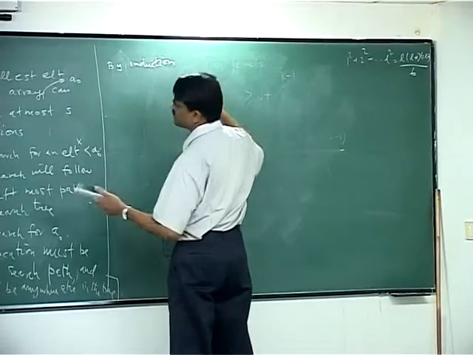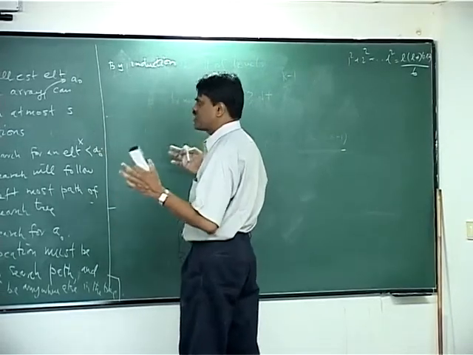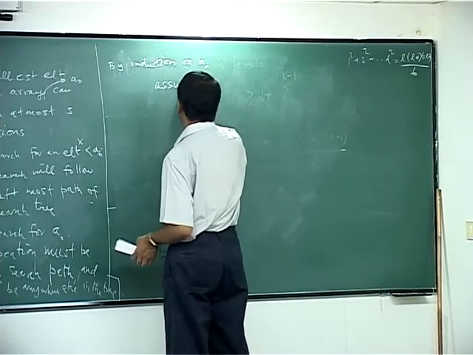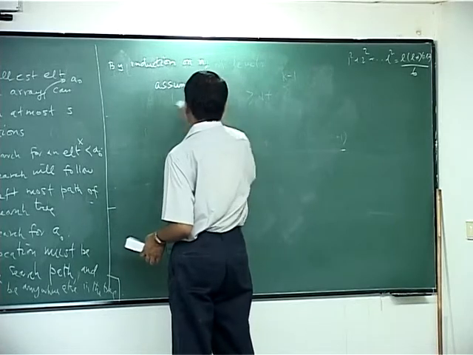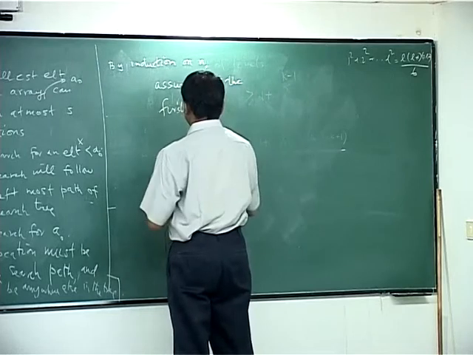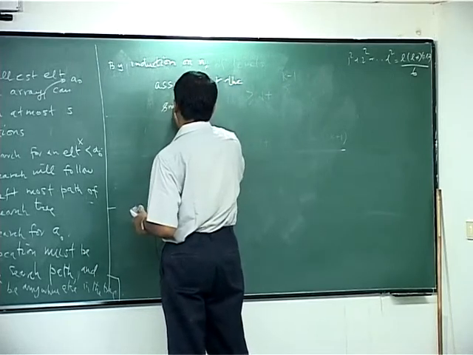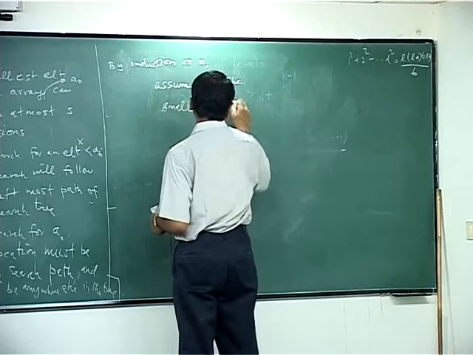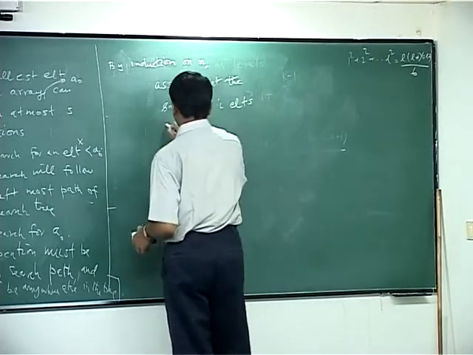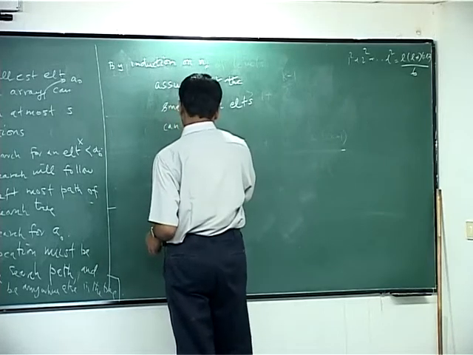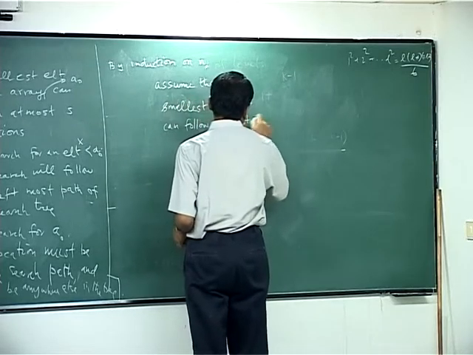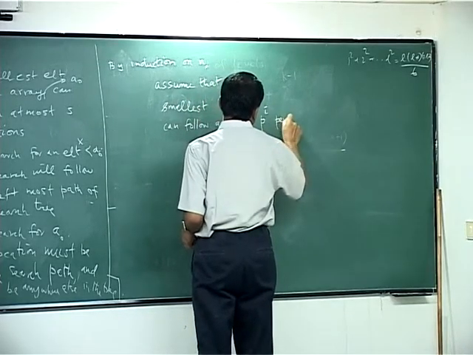By induction on n, assume that the smallest i elements can follow at most s power i permutations.